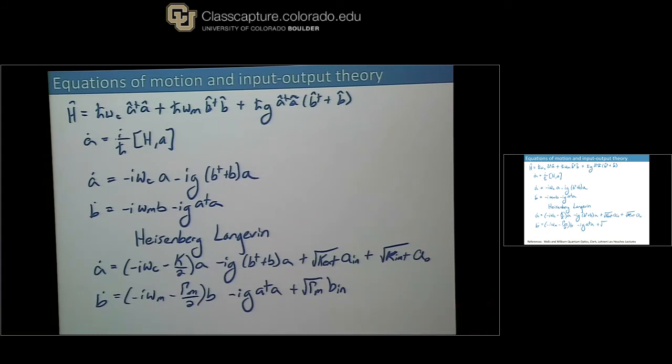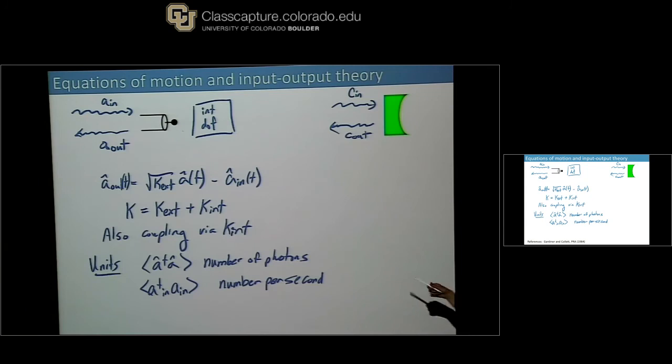These equations we can linearize, the same idea that we talked about yesterday, where we have a strong classical tone and then some fluctuation on that, and then we get rid of this term here, and it turns out the equations are easy to solve. Then we go back and use this expression here to get A out, and compare A out to A in or any of these other parameters.